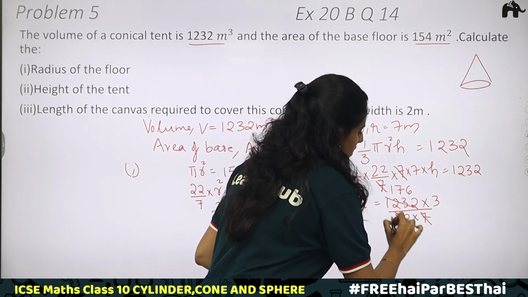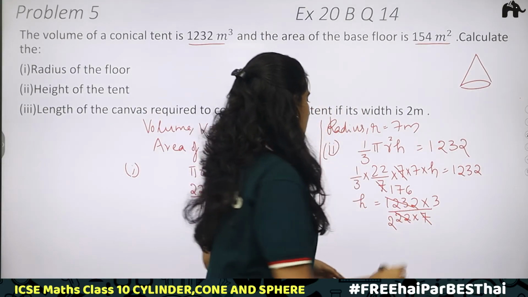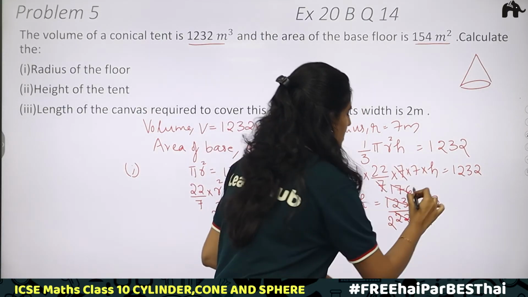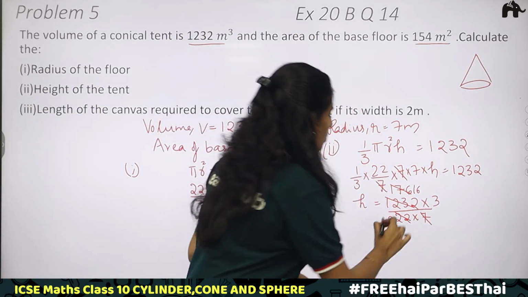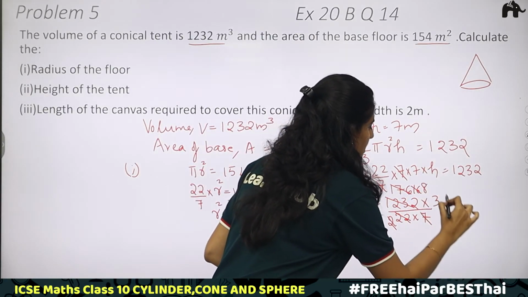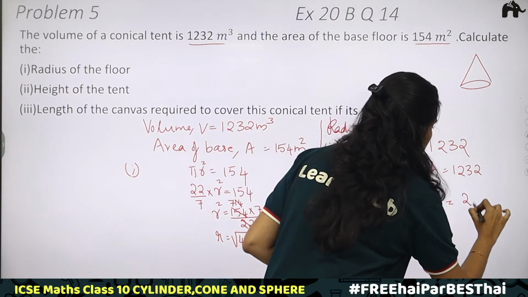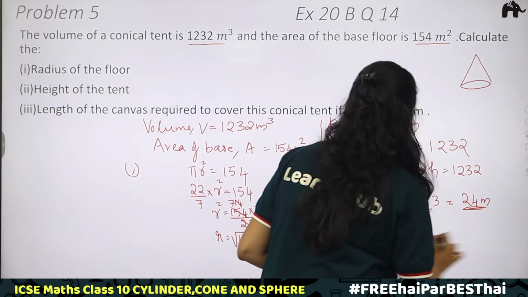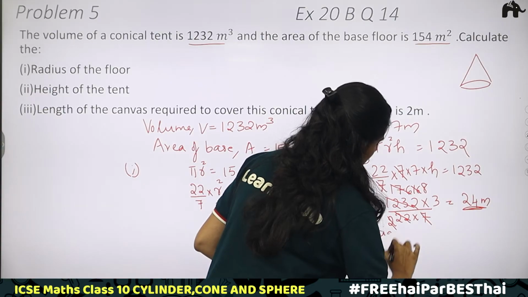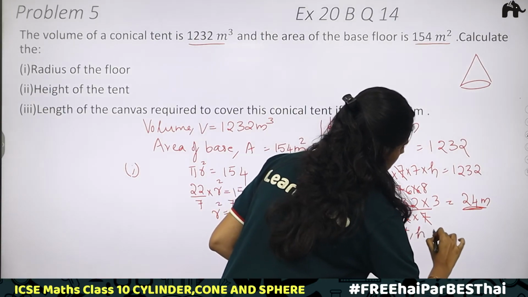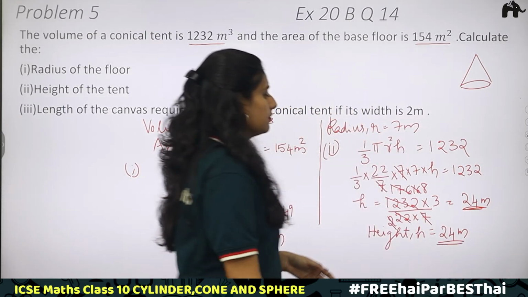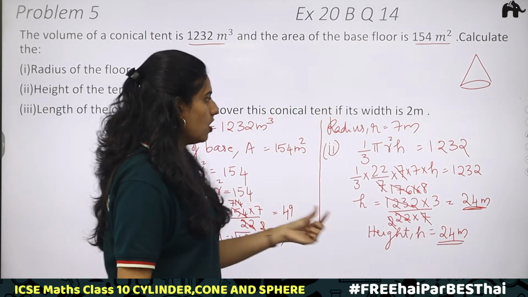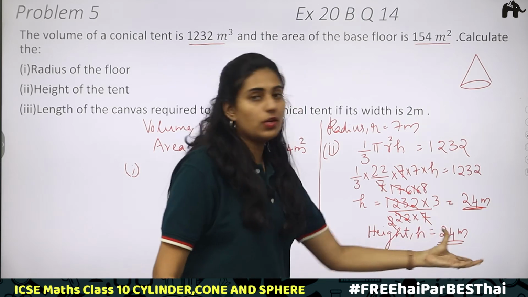Again, 22 is 11 into 2. 176 is 16 into 11. 2 and 16 cancelled. We get 8. 8 into 3, 24 meter. So the required height, h is equal to 24 meter. Clear? We got the radius 7 meter and height 24 meters.